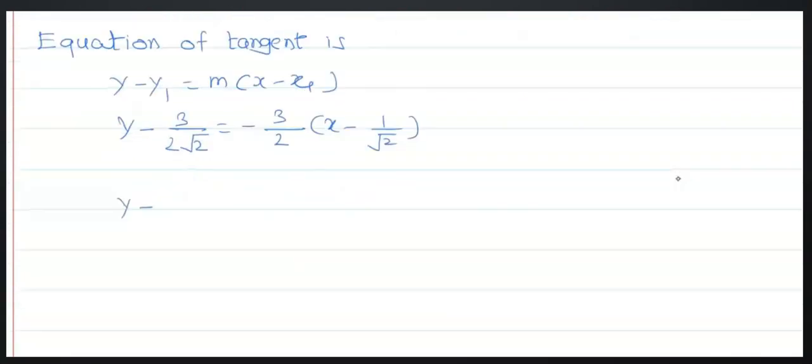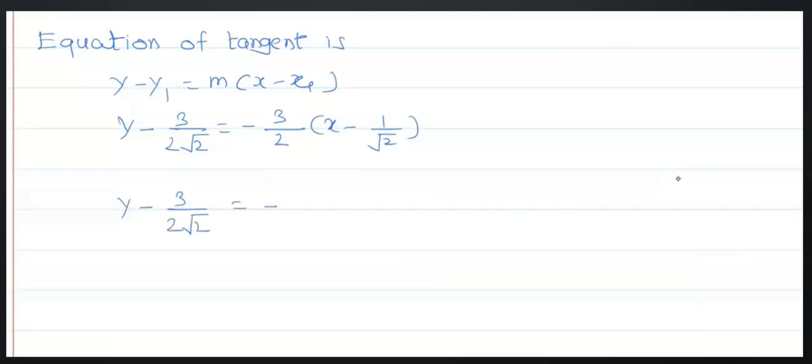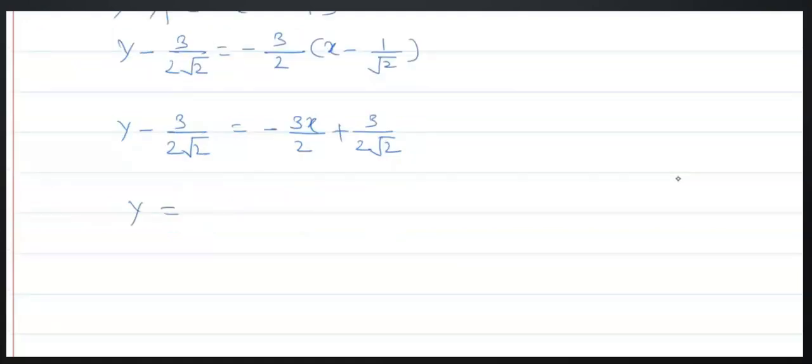Now the equation of the tangent: y minus y1 is equal to m in bracket x minus x1. That is, y minus 3 upon 2 root 2 is equal to minus 3 by 2 in bracket x minus 1 upon root 2. Now simplify this. That is minus 3x upon 2 plus 3 upon 2 root 2.